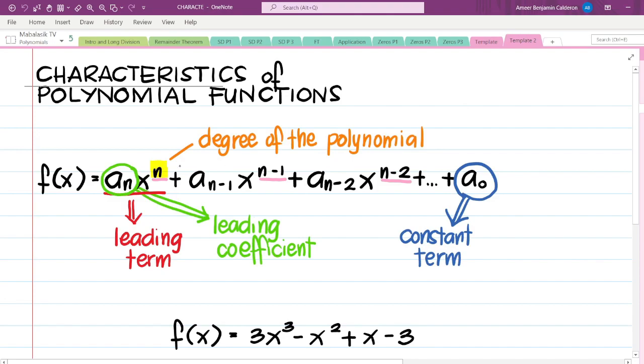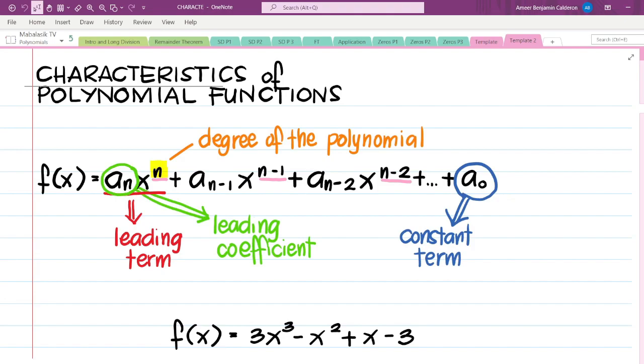So the degree of the polynomial is the very first exponent if the polynomial function is in standard form. Now, the leading term is the very first term, and its coefficient is the leading coefficient. The very last term, the term without the variable, is the constant term.